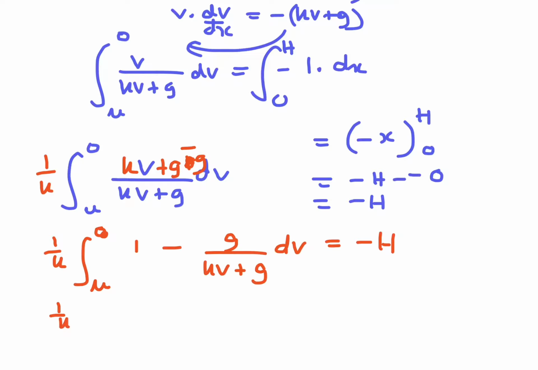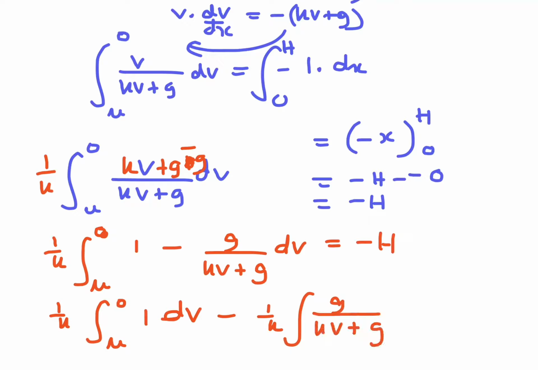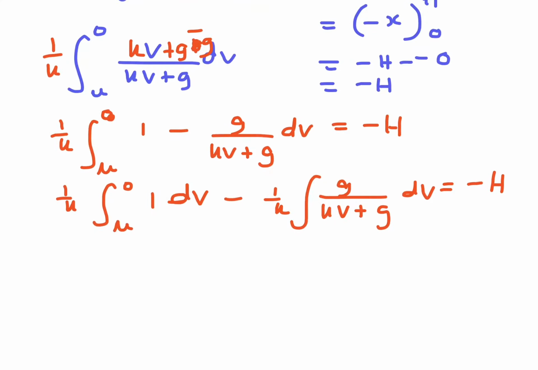So that's 1 on k, mu to 0 of 1 minus. Now, I'm just going to split this up, and I'll go dv minus 1 on k g over kv plus g dv equals minus h. So that's 1 on k, from mu to 0, 1 on k v from mu to 0, minus 1 on k. Now I'm going to take the g out because the g shouldn't be there.